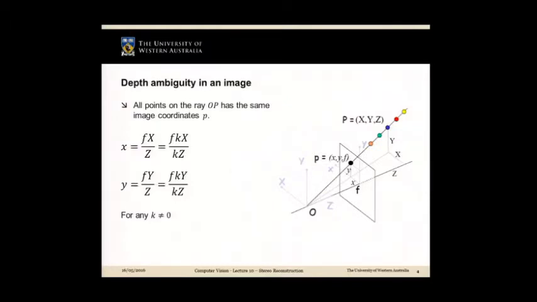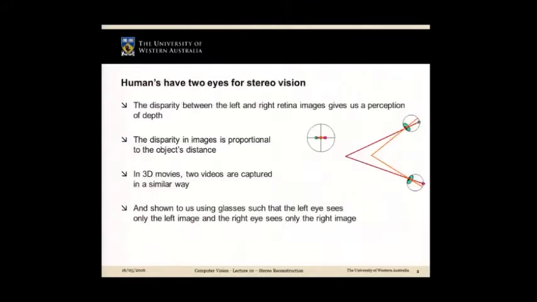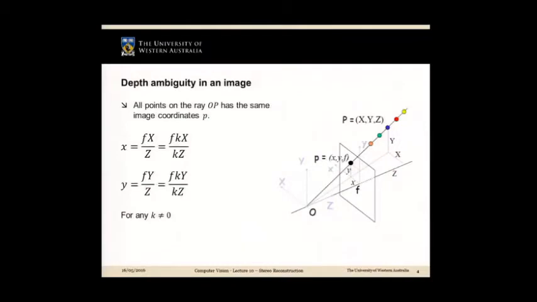Now, to resolve this ambiguity, what can we do? There is a depth ambiguity. You can't tell the distance of the point from the plane, because the only information that you have is this image, just this image with the point on it.